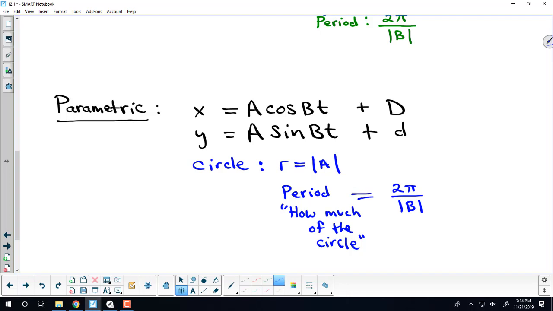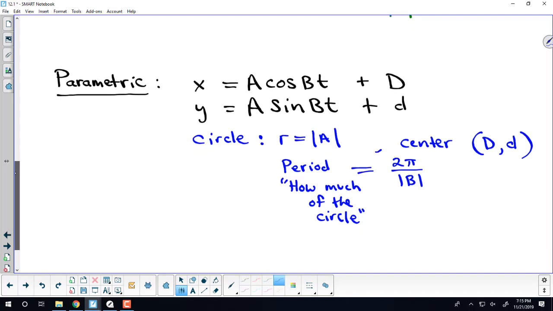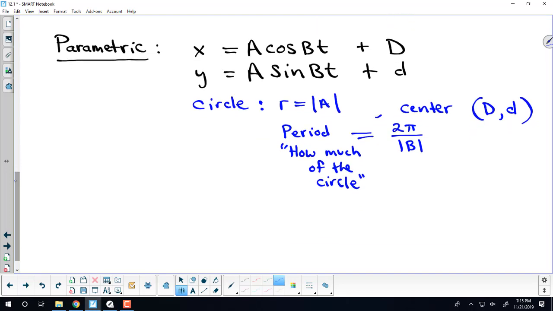And the center of the circle is capital D, lowercase d. Honestly, it's something you should recognize. If you're not able to readily recognize that's a circle, when we look at eliminating the parameter t, you should remember that one or the other, or both, preferably both.